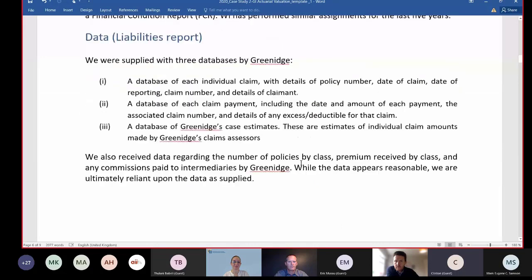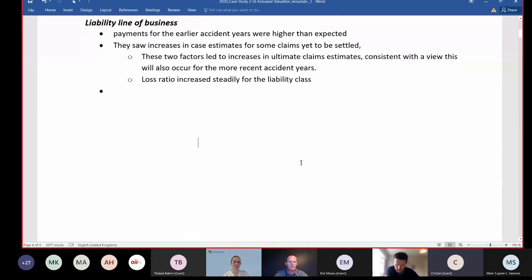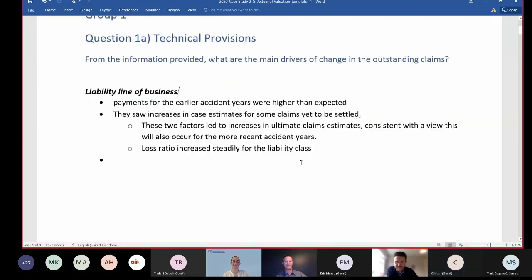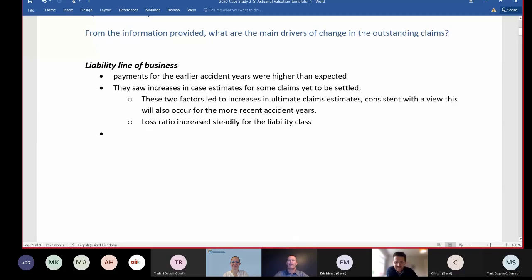So the loss ratio also went up, and that was also another driver for the change in the outstanding claims. We were talking about the motor class before we were supposed to join the main room again. Right, and I probably should have mentioned before Eamon's group started presenting that their question was, what's driving the change in experience?